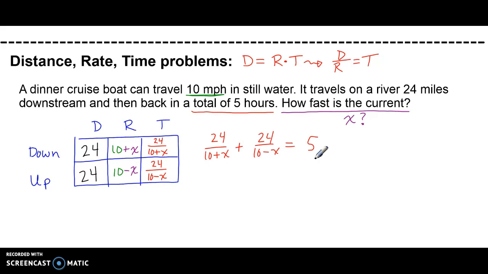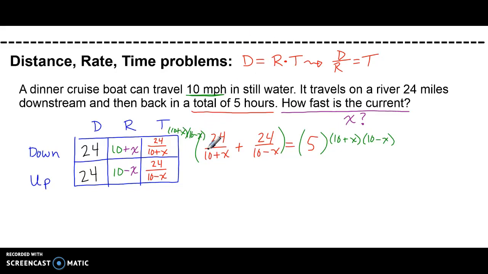See, the variables are in the denominator. This is a rational equation. To solve a rational equation, you clear out the fractions. In this case, the common denominator is not a particularly sophisticated thing. It's 10 plus x times 10 minus x. So we're going to multiply both sides by that.